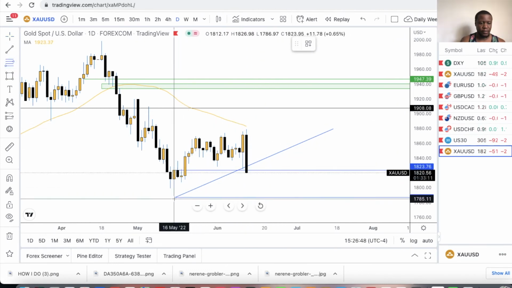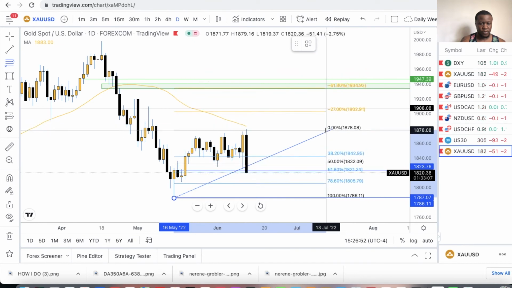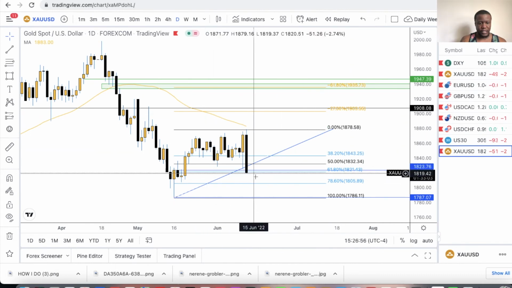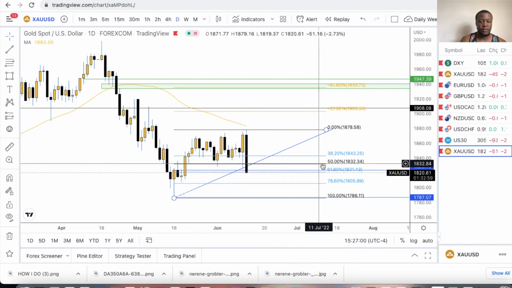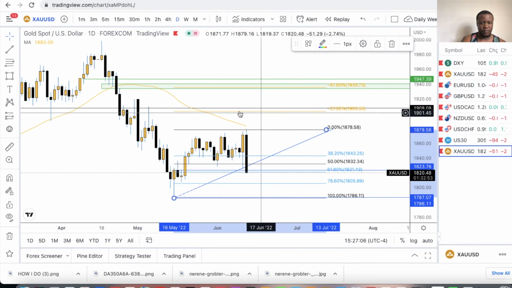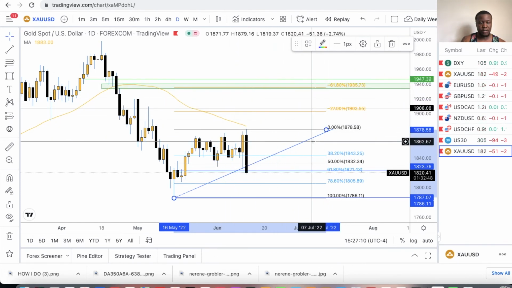And then we have the Fibonacci negatives, the 61 Fibonacci level, which is another confluence. And then we also have the confluence of these levels up here as targets.